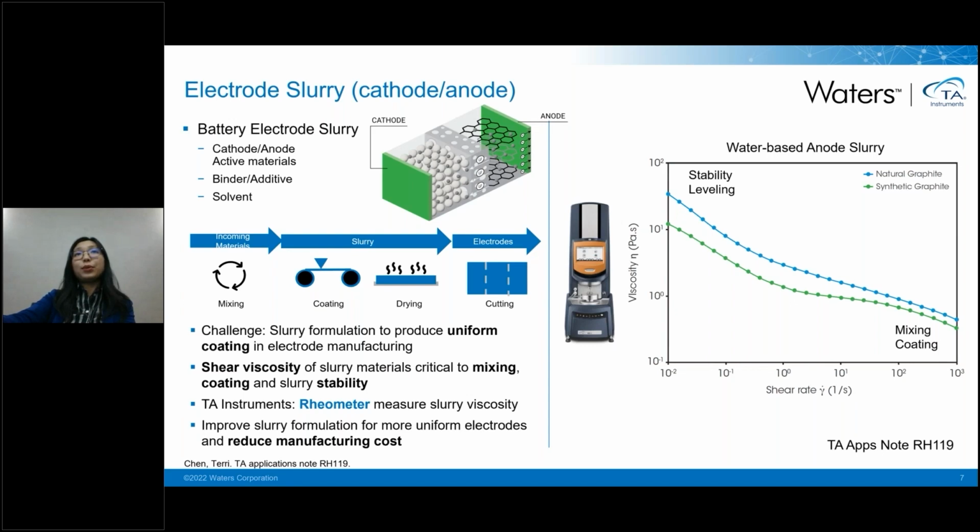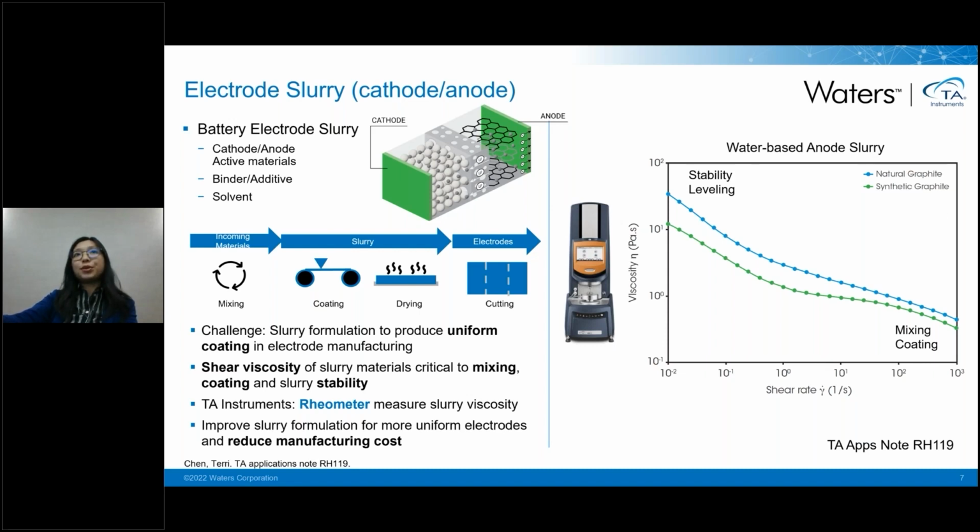So when we have the active material, how are we making the electrode? First of all, a lot of electrode manufacturing involves a coating process. We coat the electrode slurry material onto the collector, either the aluminum cathode collector or the copper anode collector.